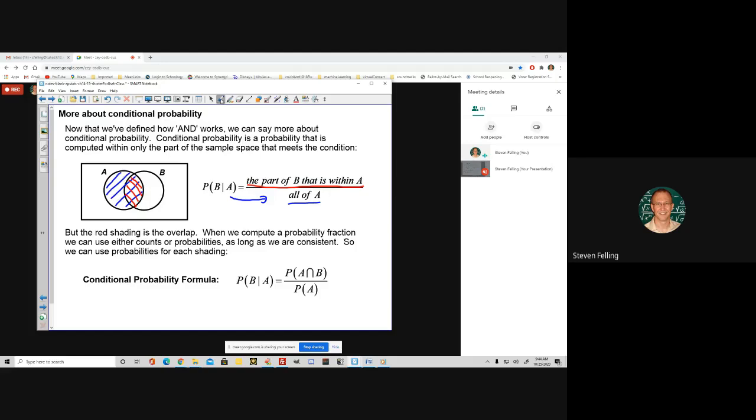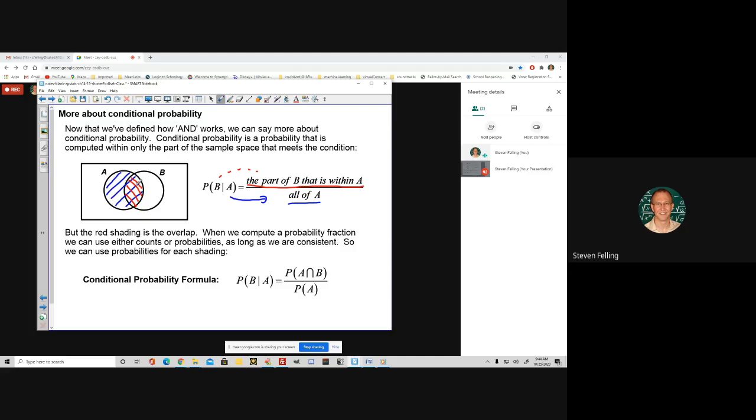The numerator would be the part within that circle that is the event B. It wouldn't be all of B, it would be the part of B that's inside the conditional sample space.